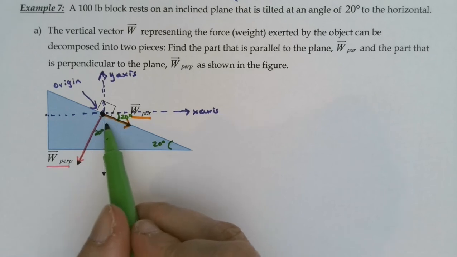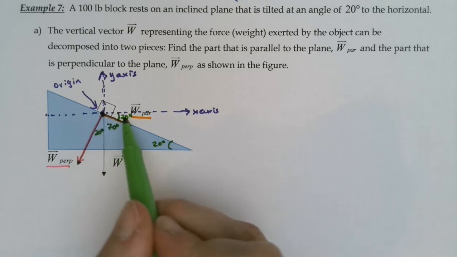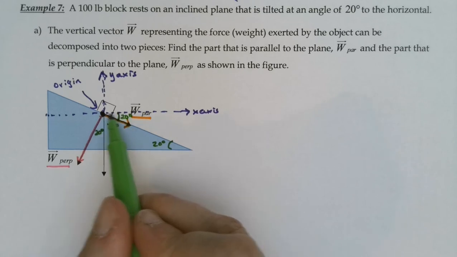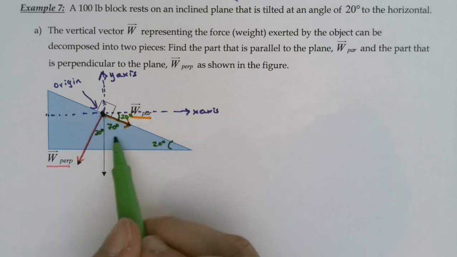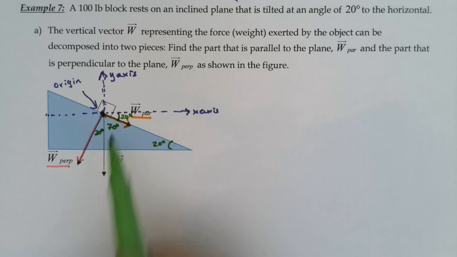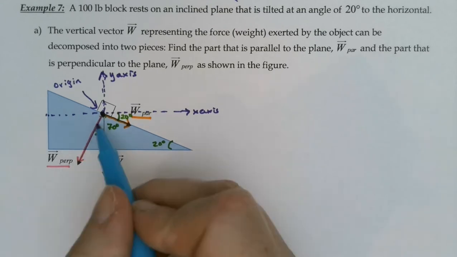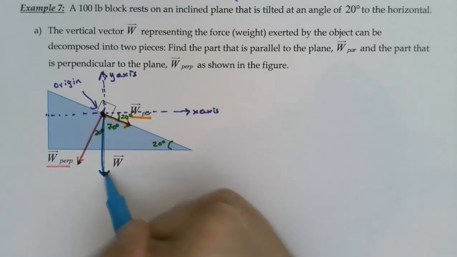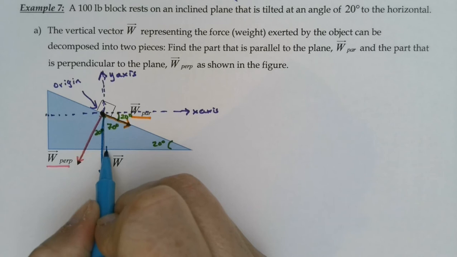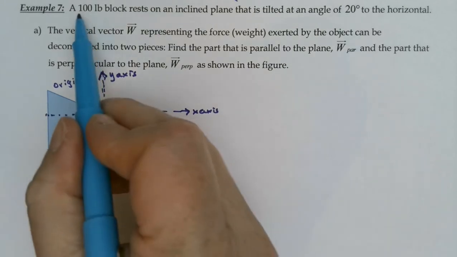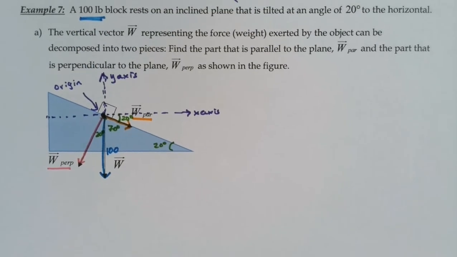So if this is 70 in the middle, then that's 20 and that's 20, because this is 90 right here, but so is this right there. So you have two 90-degree angles. Lovely. We also know that the downward weight vector has a magnitude of 100. So I'll just put that in there, because the weight of the block is 100 pounds.